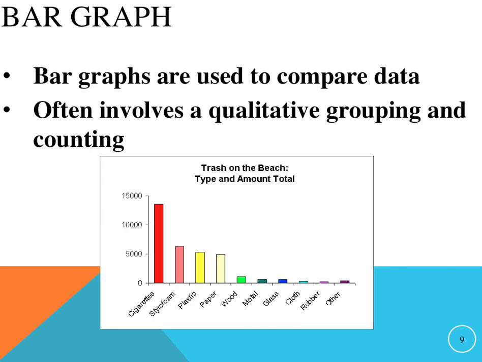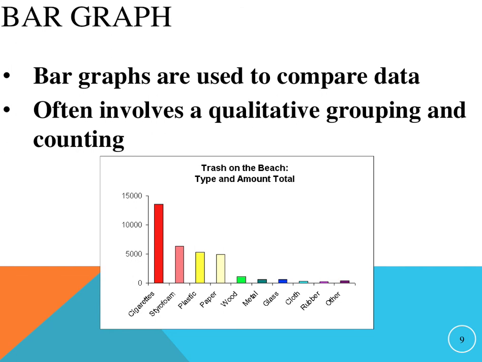One of our other types of graphs, we don't use them too often for our data in our labs, but we can, is called a bar graph. I believe you could also call it a histogram, depending on what you're doing with it. Bar graphs are used to still compare data, and we often involve a qualitative grouping and counting.